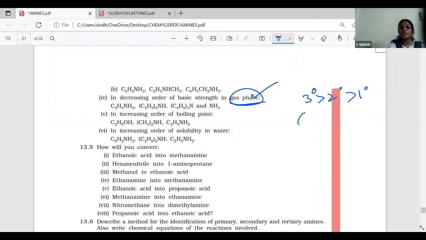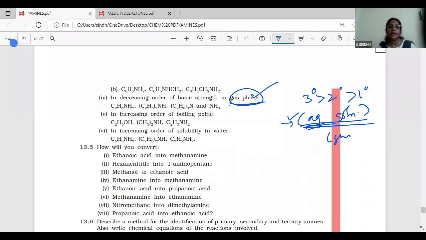If nothing is mentioned, we have to tell the children always to do it for aqueous solution. When they write the answer, they have to be very specific whether they've written for aqueous solution or for gas phase. Then order of boiling point, solubility, all this. So a lot of practice we have to give.